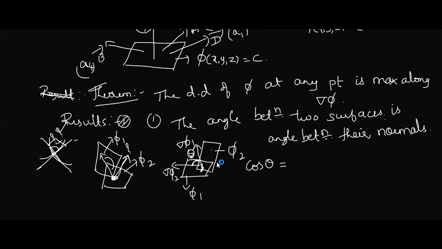Dot product. See, the first vector is del phi 1, the second vector is del phi 2. How we have defined it: A dot B divided by magnitude of A into magnitude of B. Apply the same concept and tell me what is cos theta now.